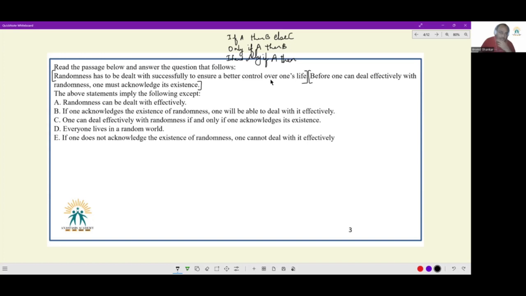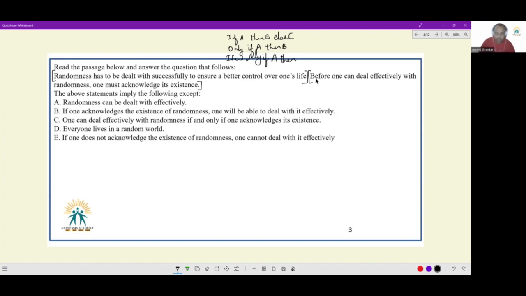better control over one's life. So once you deal with randomness, you will have better control over one's life. If A, then B, first statement, the first version. Randomness has to be dealt with to ensure a better control over one's life. Okay. And the next is, before one can deal effectively with randomness, one must acknowledge its existence.